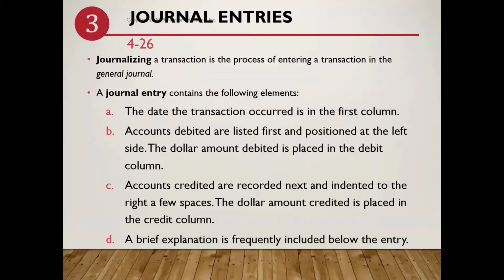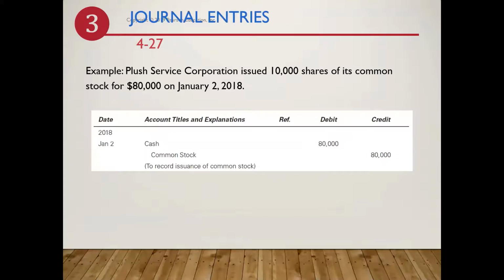Accounts credited are recorded next and indented to the right a few spaces, and it also provides a brief explanation for the journal. You should always provide a brief explanation. And we'll see this here.